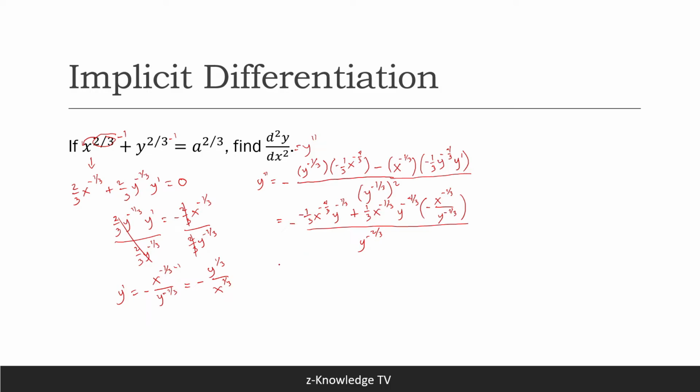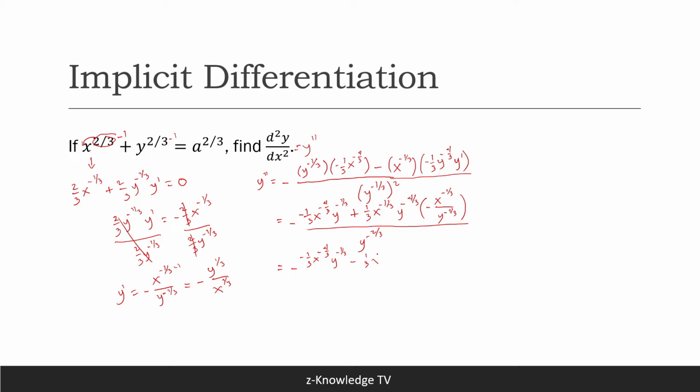Okay? So next, pagsamahin natin itong part na to. So mangyari, negative 1/3 x raised to negative 4/3 y raised to negative 1/3. Okay, so plus times negative, so magiging minus ulit siya, magiging 1/3.